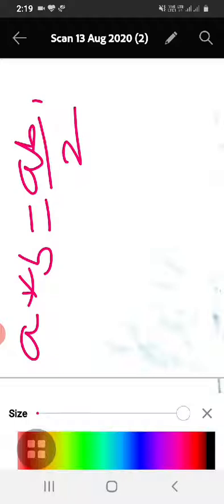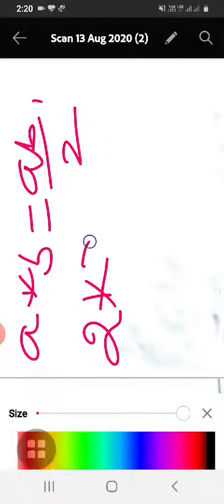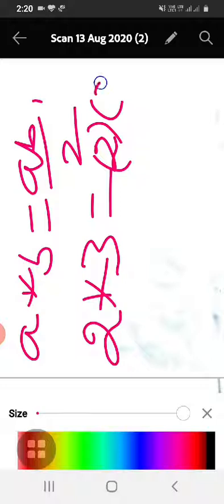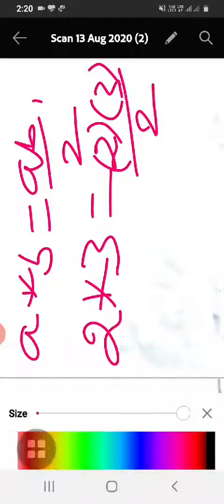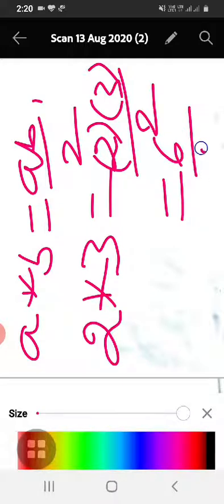So let us consider, say here, I can take 2 and 3. So they are rational numbers. So here a into b. So what happens? 2 into 3 divided by 2. You can take any rational numbers. 6 by 2.